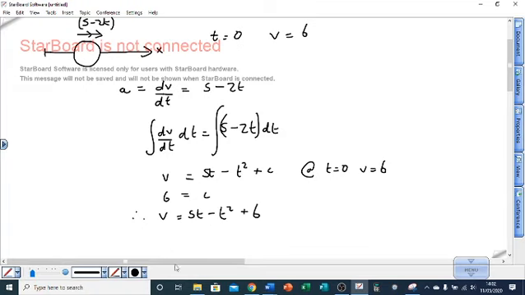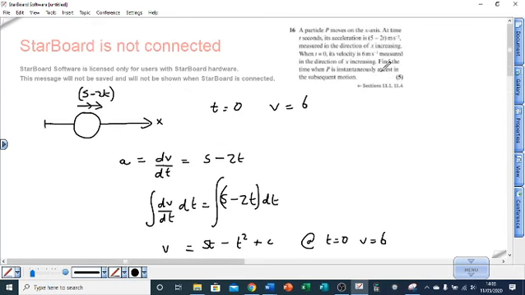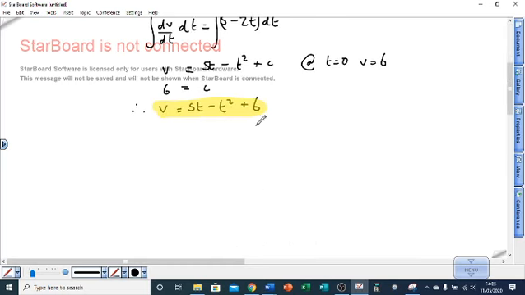Right, so we've got our all-important velocity equation now, and from that we can now go ahead and do the question. So the question says find, in the subsequent motion, when P is instantaneously at rest. So in other words, we're going to say at v equals 0.